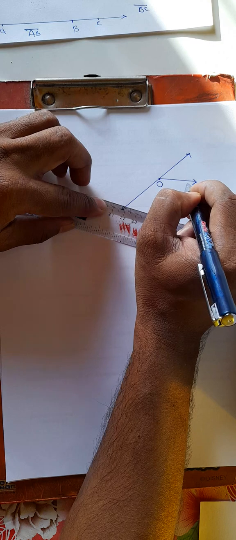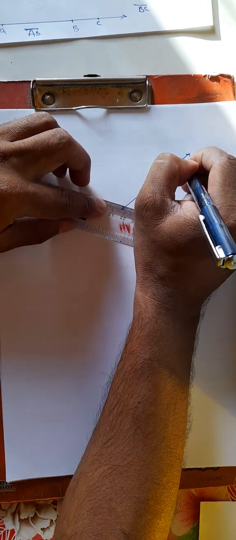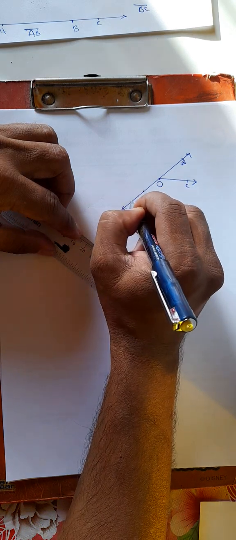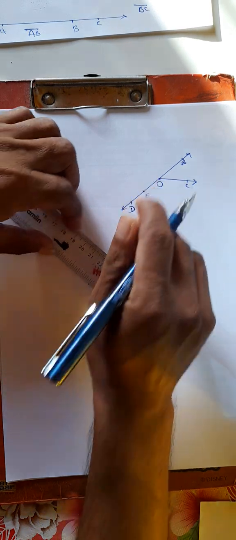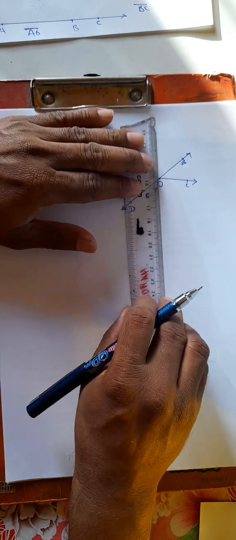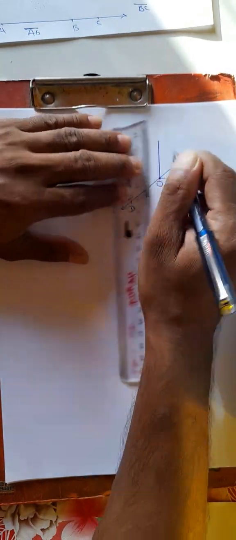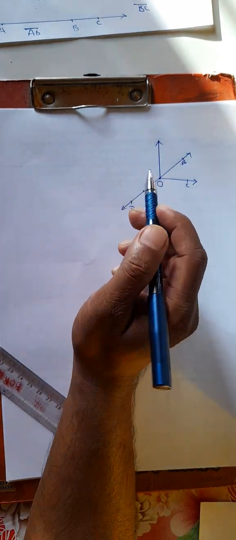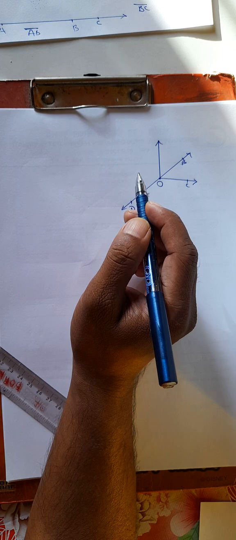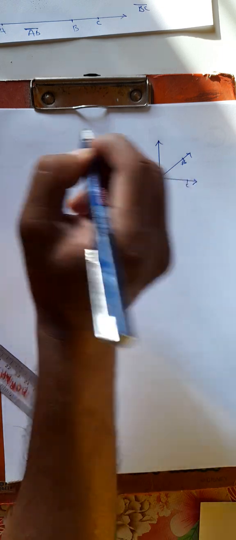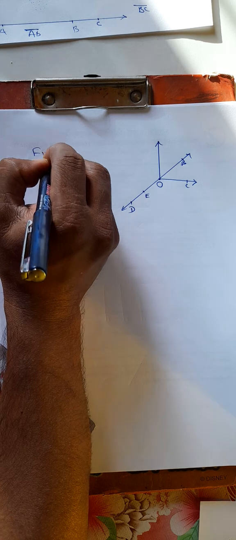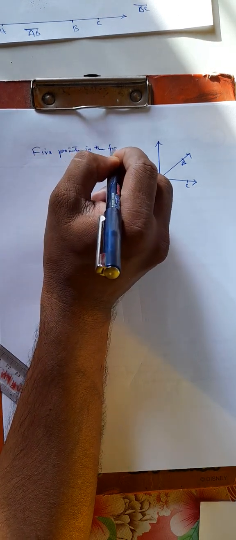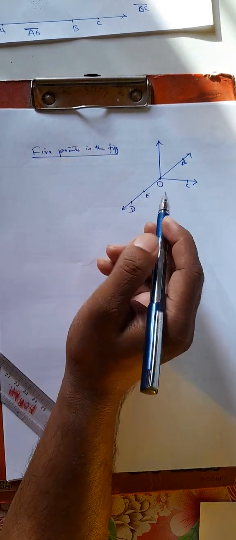This is C, and on this ray this point is B. This is E, and this point is suppose D. Let us make another ray here. Now using this figure, name 5 points in the figure. Can you name 5 points in this figure?